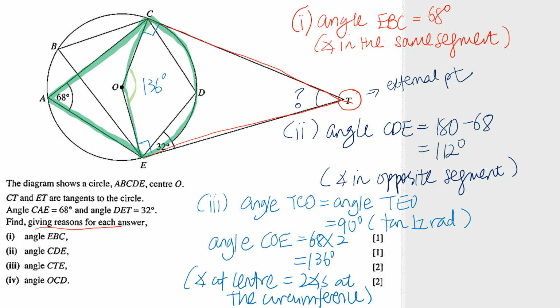Right, so with all these angles found, we can go on to find angle CTE, which is basically 360, because the angle sum in the quadrilateral comprises 2 triangles, so one triangle is 180, 2 triangles will be 360. So 360 minus 90 times 2 minus 136.